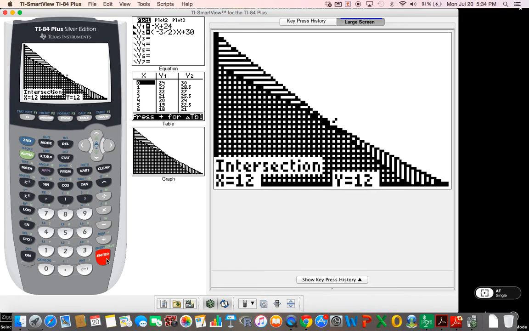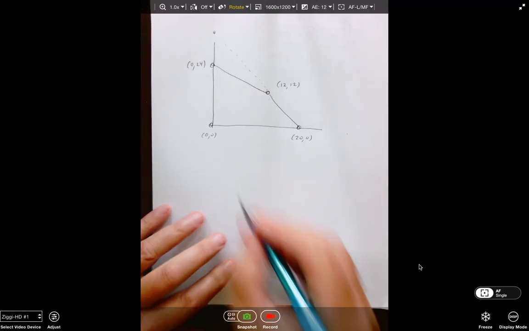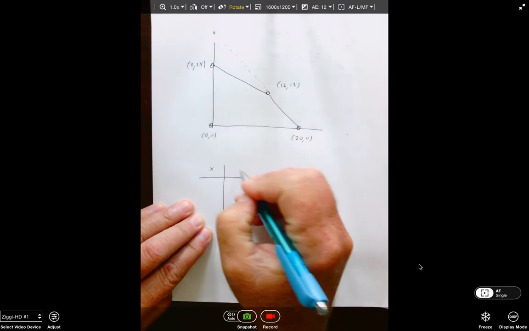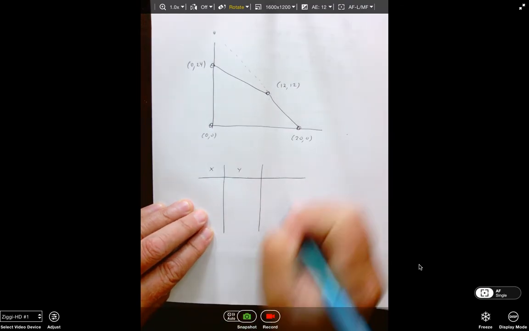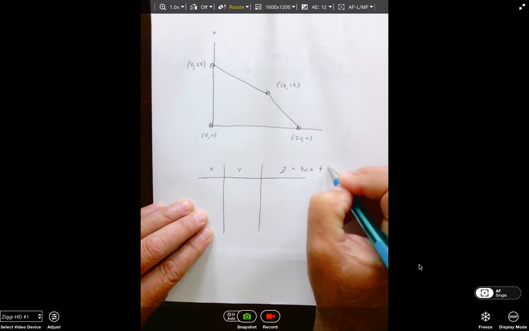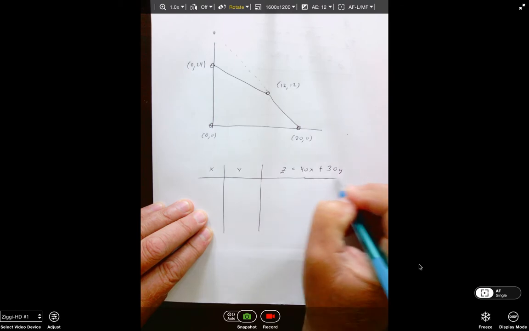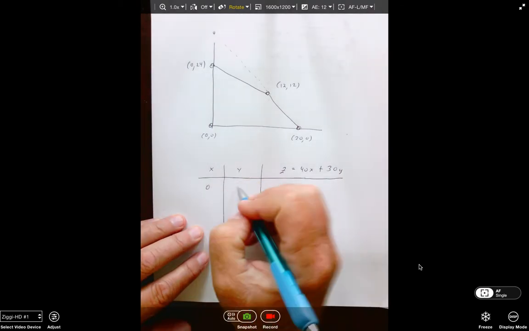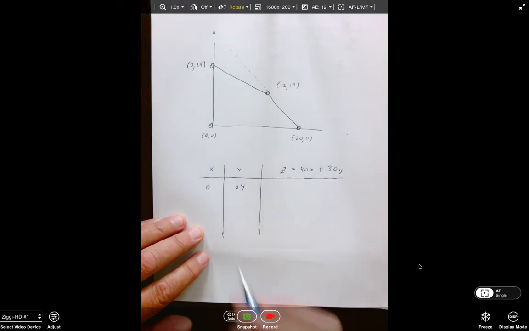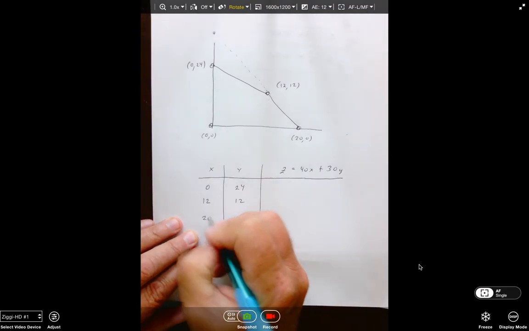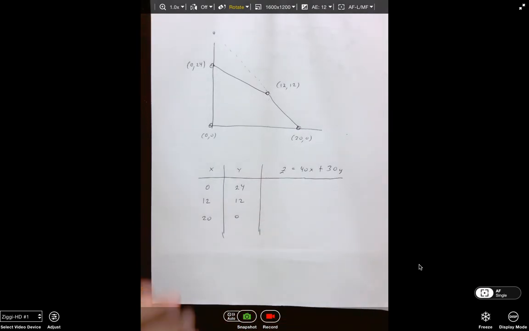Now, gang, the next thing I do is come in and look at my objective function for each of these points: 0, 24, 12, 12, and 20, 0.